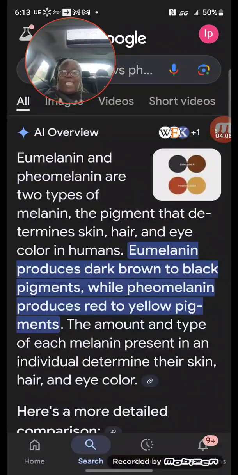And this is how they've been playing it all along, even though they use the ones in the middle to manipulate the system and to come at us in so many ways. But at the end of the day, the ones at the very end, which is the pheomelanin side, can care pretty much less. They just want a middle person to keep things moving.